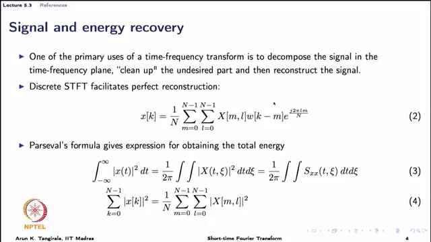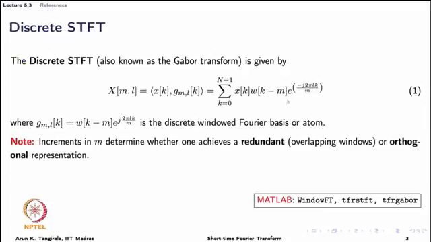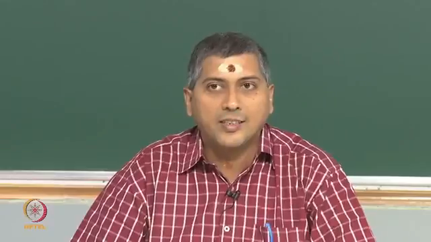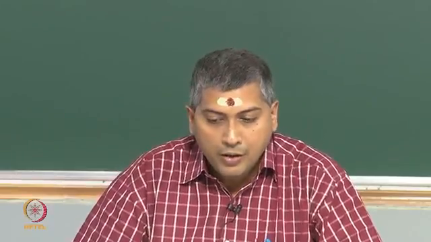Very often we talk about analysis and synthesis. Likewise, w(k minus m) times e to the j can be considered a synthesis function or a synthesis basis function, whereas w(k minus m) times e to the minus j is called an analysis function. We should get used to these terms because when we move to wavelet transforms, we will talk about analysis filters and synthesis filters, or analysis and synthesis basis functions.